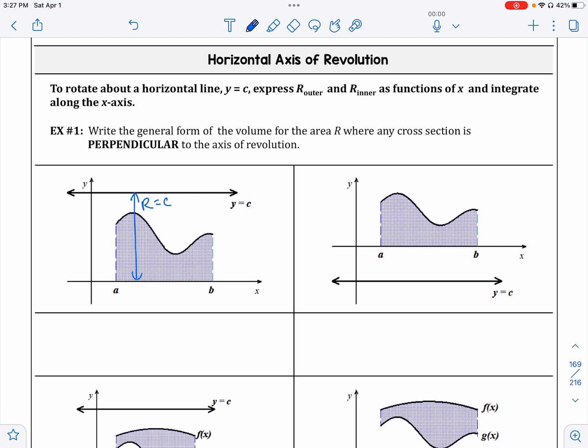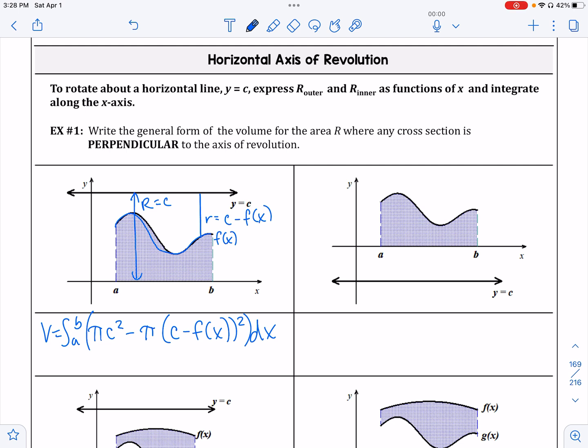Versus this smaller distance here would be our lowercase r, and it'd be found by taking the larger region and subtracting away this curvy function, that's our f of x. So we could find the volume by integrating from a to b, pi times c squared minus pi times c minus f of x squared dx.